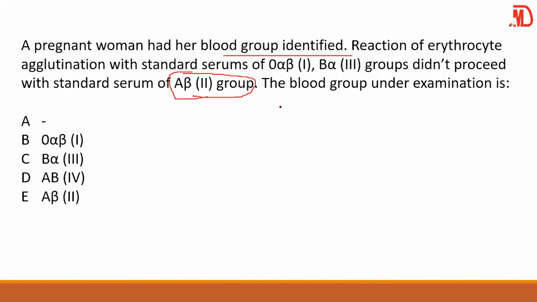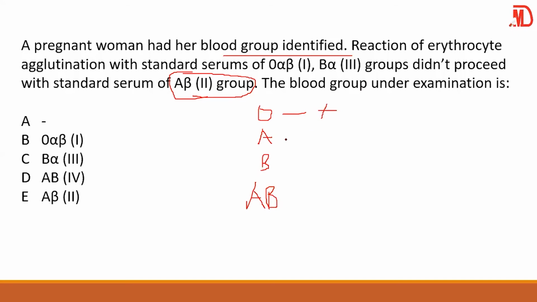Okay. So we have blood group O, A, B, and AB. Now, blood group O has no antigen.